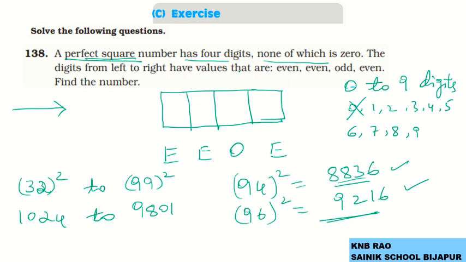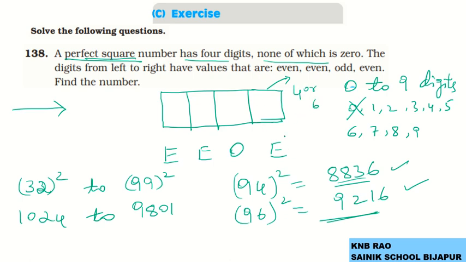If at all you want to have a logic, I can say here, because it is a perfect square, 2 cannot come, 3 cannot come, 7 cannot come, 8 cannot come. So no perfect square ends in 2, 3, 7 or 8, and 1 cannot come because I want even here. So 1, 2, 3, 5, 7, 8 are vanished. That means I have only the choice between 4 or 6.